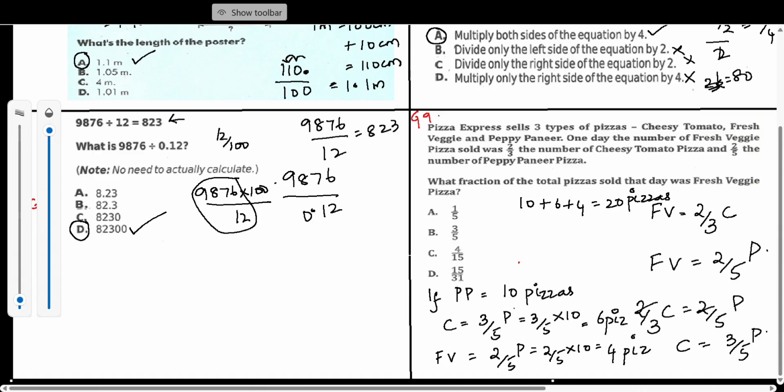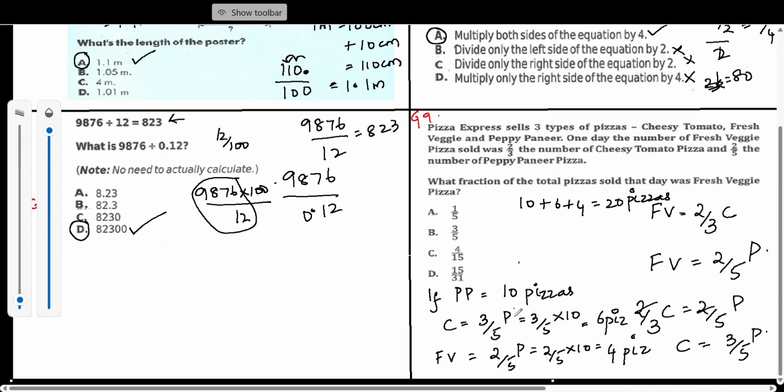Although this information is not given in the question, we got it. Because all we need is a fraction. They don't want the total number. So, in one day, if 20 pizzas were sold, what is the fraction of fresh veggie pizza? Clearly, of the 20 pizzas, only 4 was fresh veggie.